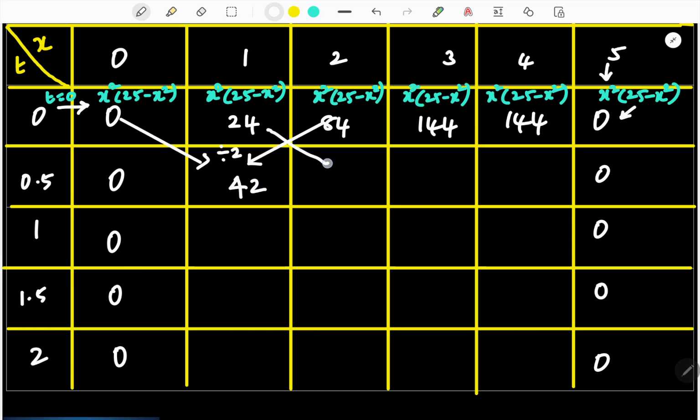If I want to fill up this one, this value and this value divided by 2: 24 plus 144 divided by 2 is 84. For this one, this value and this value divided by 2, which is 114. And for this one, 144 divided by 2 is 72.